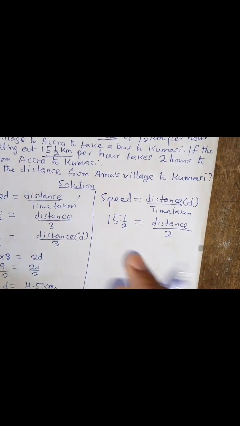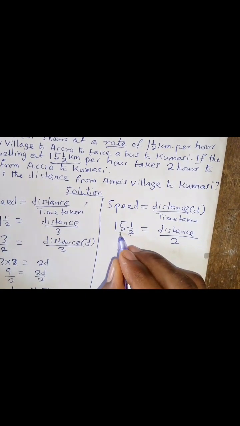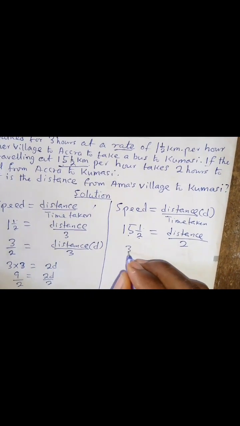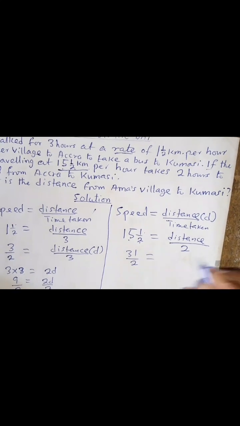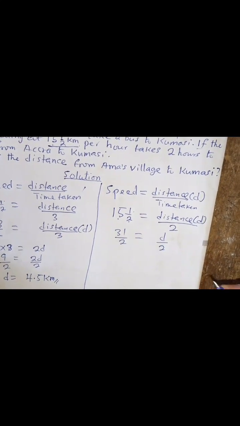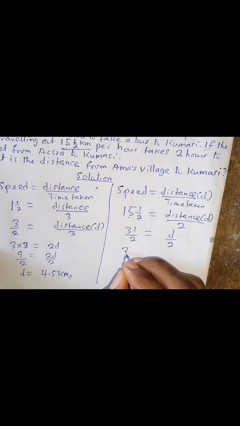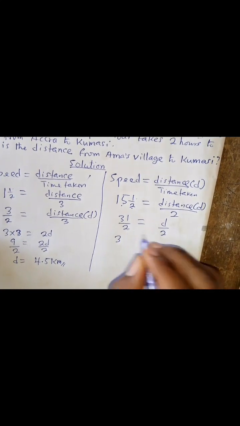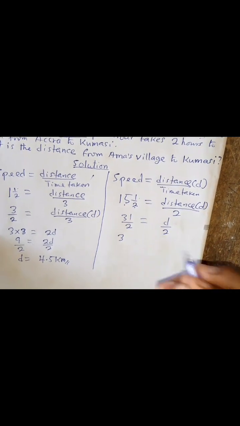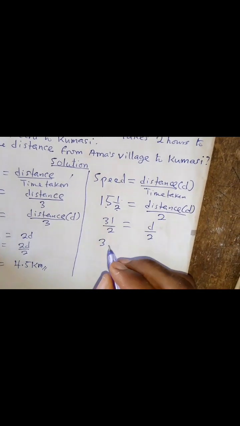So out of 2, let me change this to an improper fraction. 2 times 15 will give me 30, plus 1, 31. So it becomes 31 out of 2 is equal to, I name the distance to be d, d out of 2. So I will now cross multiply. 31 times 2 will give me 62.